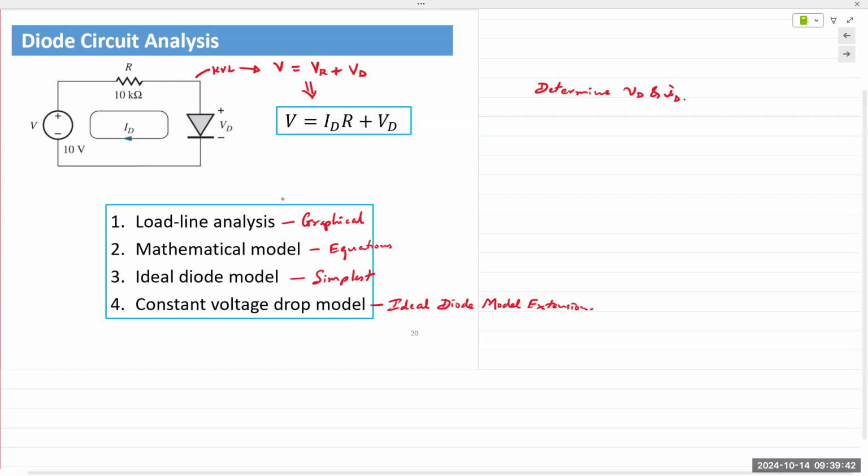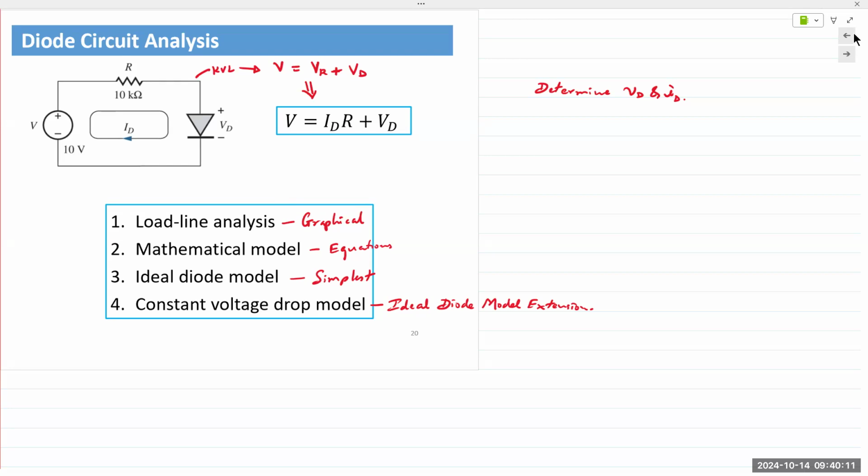So V is equal to VR plus VD, with one single current flowing through the circuit: V equals ID times R plus VD. That's our primary equation for the circuit. We will use this example and this same equation for all 4 methods.